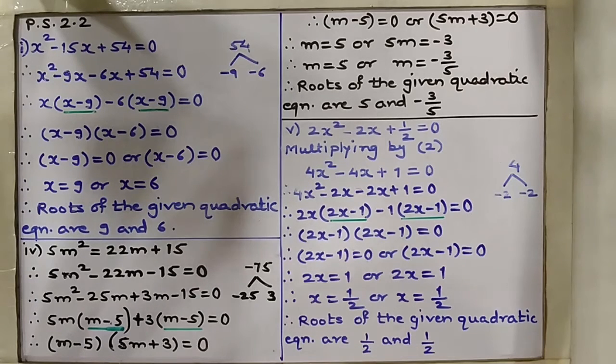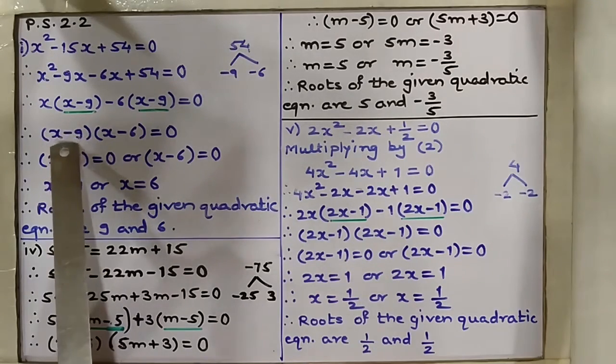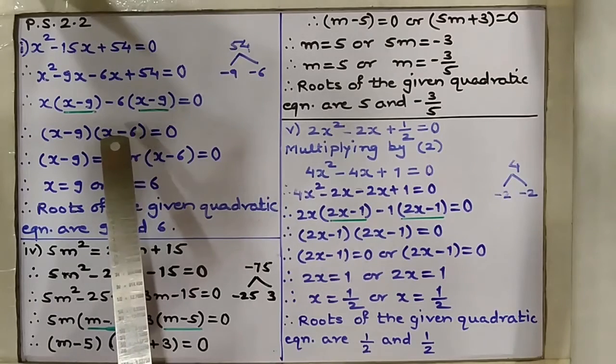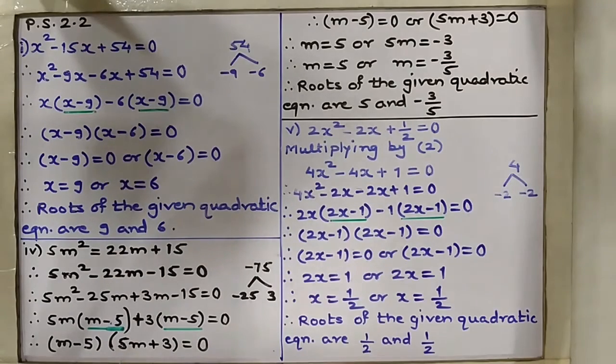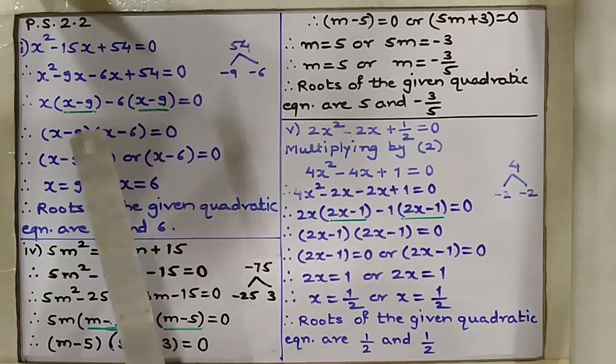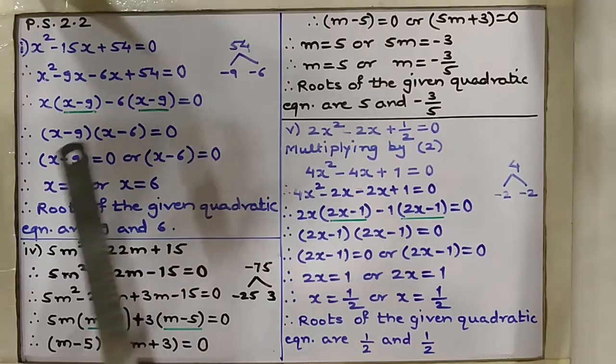Now when will the product be 0? It will be 0 when either the value of this bracket should be 0 or the value of this bracket should be 0. Which means either x minus 9 is equal to 0 or x minus 6 is equal to 0. Okay.